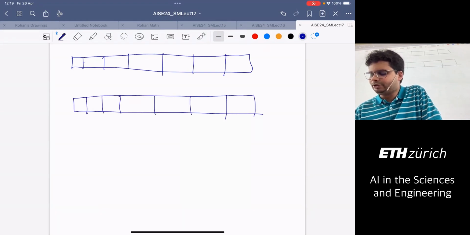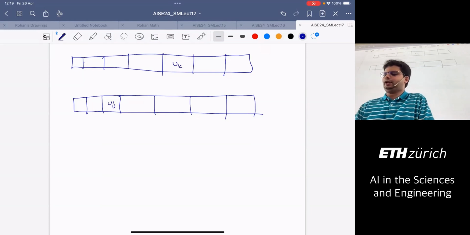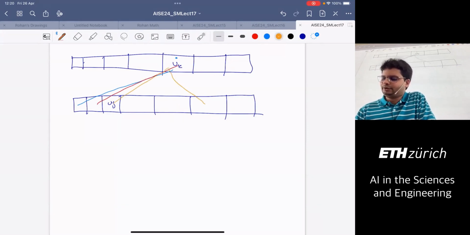You can imagine that this is your VK, this is your VJ, and so on. And what attention does is that, in order to update the value at this point, you look at the relative information that each of these points throws to this point, right? This one, this one, this one, and so on. So everything is thrown out here.